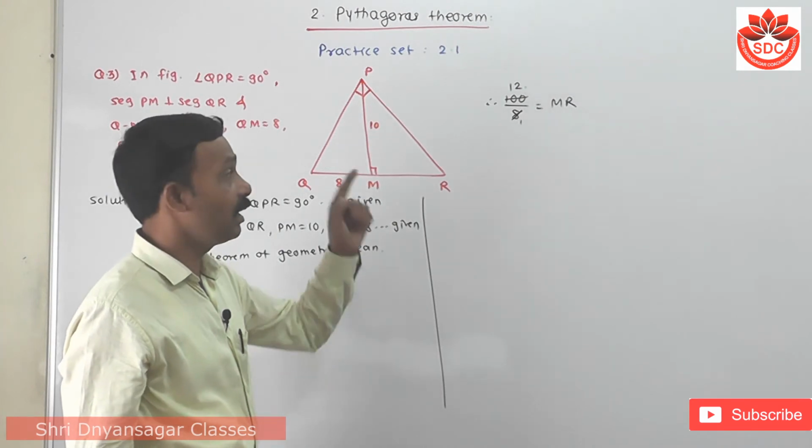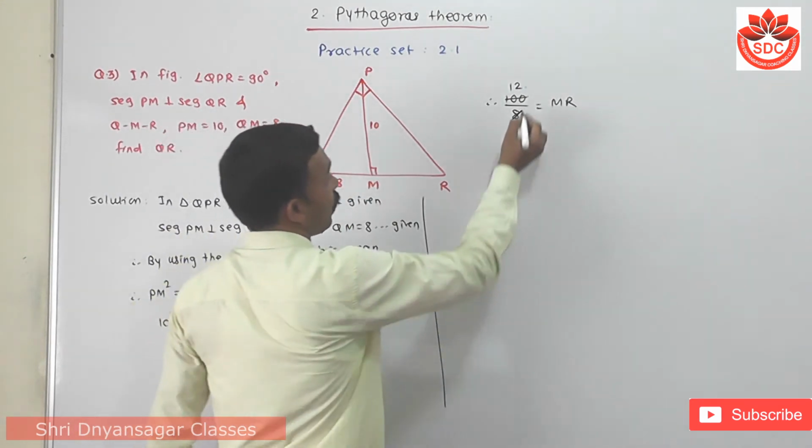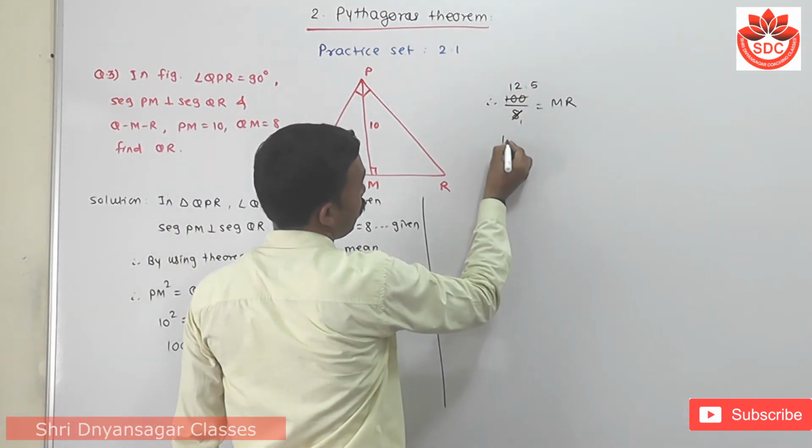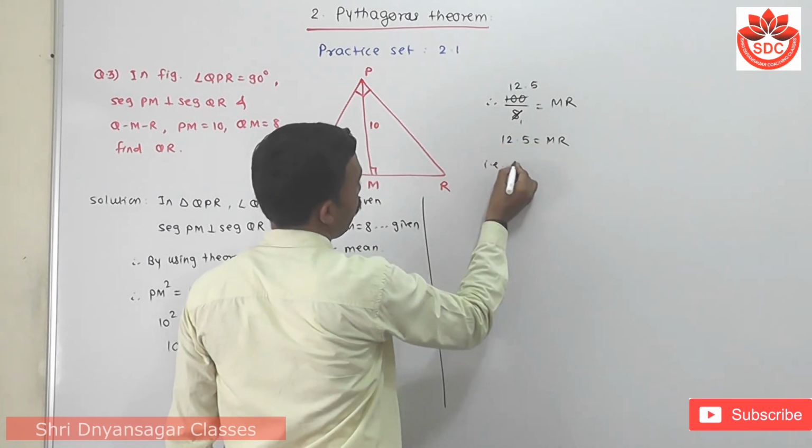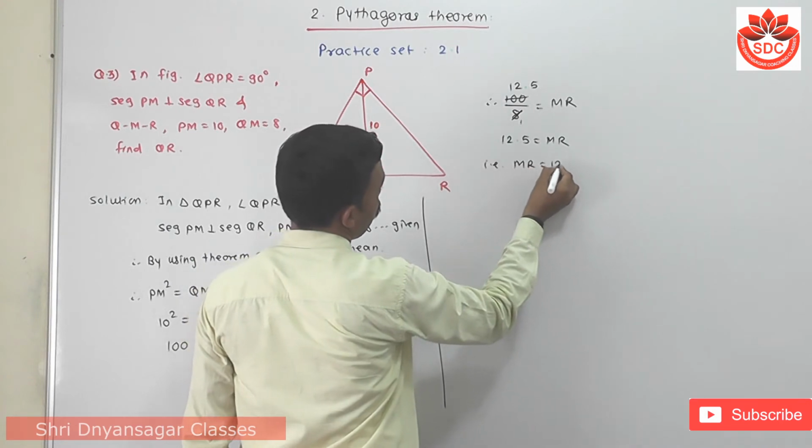We put the decimal point, becomes 40, 8 fives are 40. So this is 12.5, equal to MR. That is, I have to write here MR is equal to 12.5.